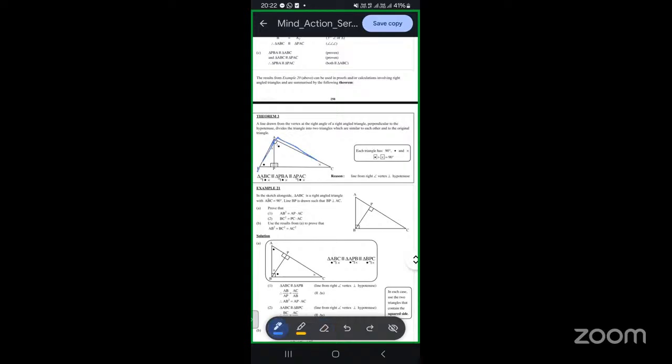If this is our right angle, then we construct a line from that 90 degrees, and that line is going to be perpendicular to the hypotenuse of the bigger triangle. It divides it into two triangles which are similar to each other and similar to the bigger triangle. Does this theorem make sense to you, guys?